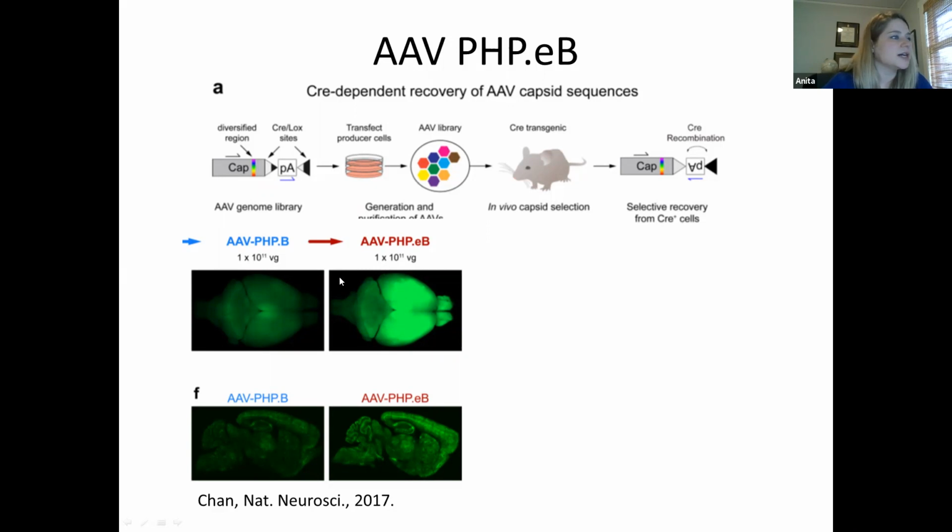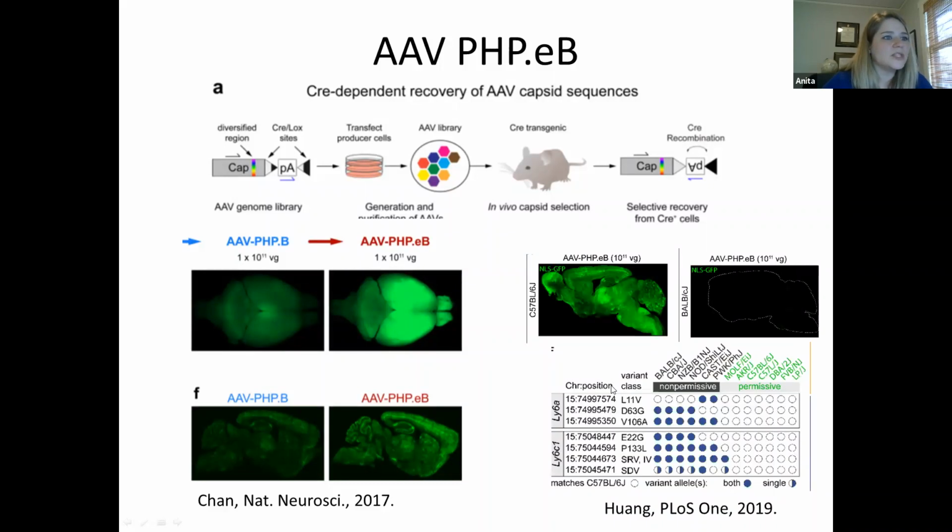They're trying to inject something basically into the body and get uptake into the brain. And so basically with the wild type PHP.B, they got some uptake into the brain from a peripheral injection. And here they get much more enhanced signal. So here you can see in a section, they get much more enhanced signal using this.